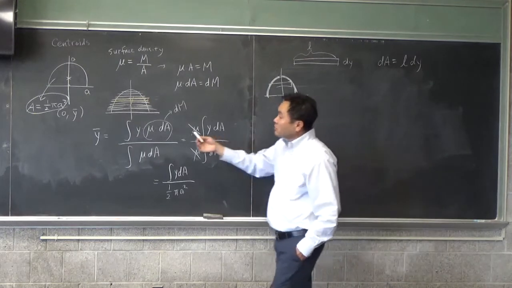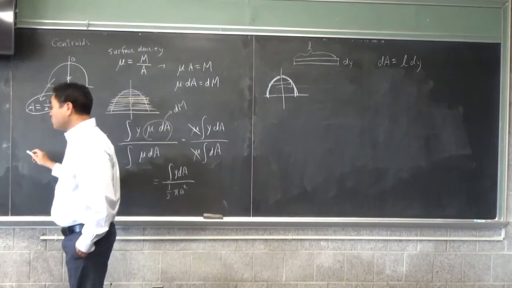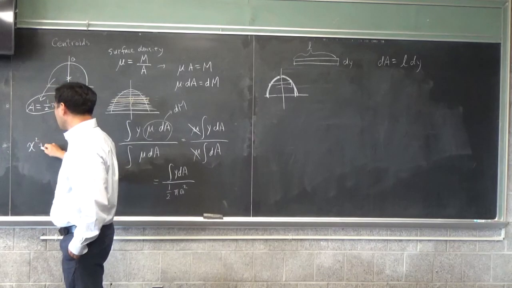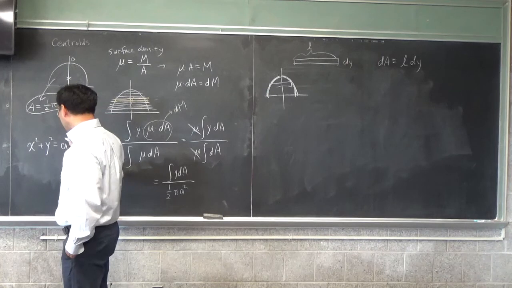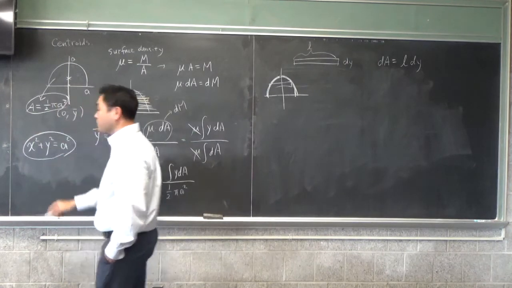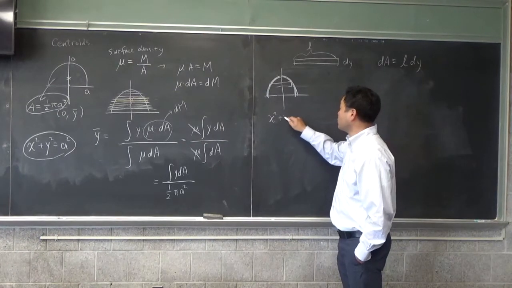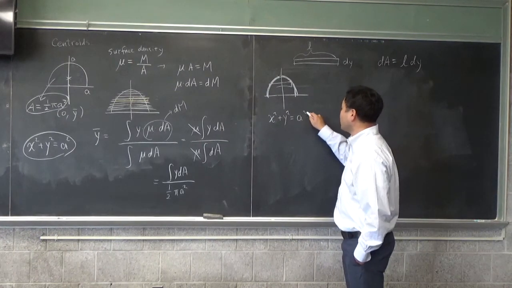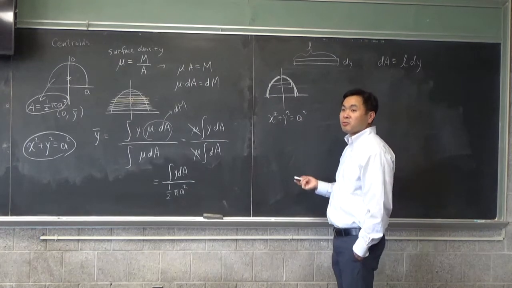Okay, so let's go back to this equation of the circle. This circle equation, as you know, is x squared plus y squared equals r squared, but our radius is a, so this is what you have, right? So start with x squared plus y squared equals a squared. But you want the function of y.